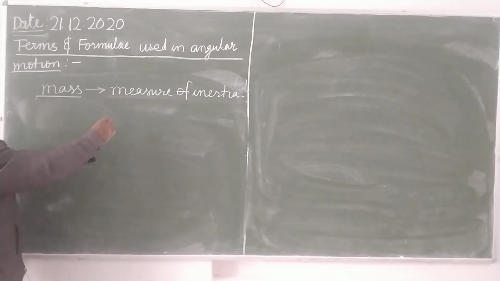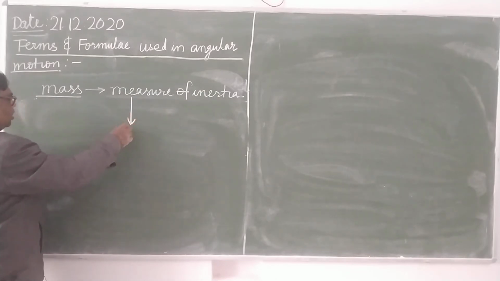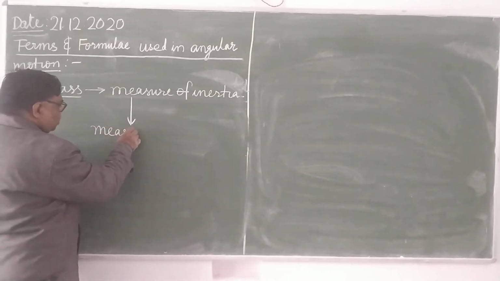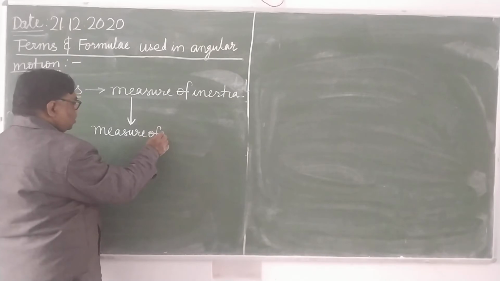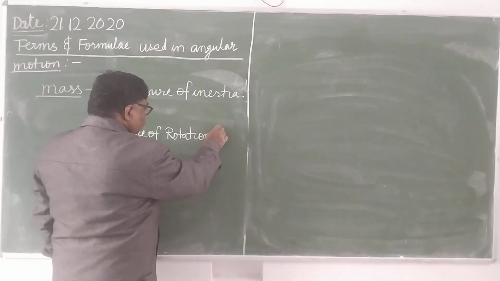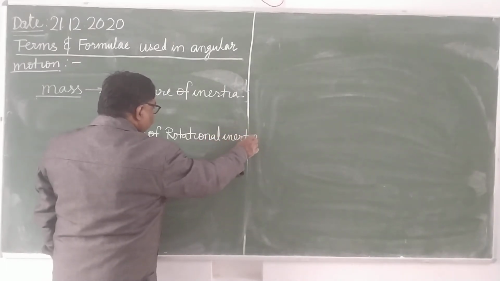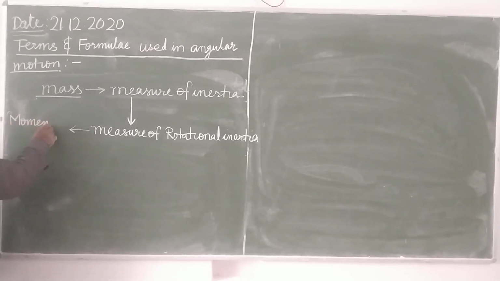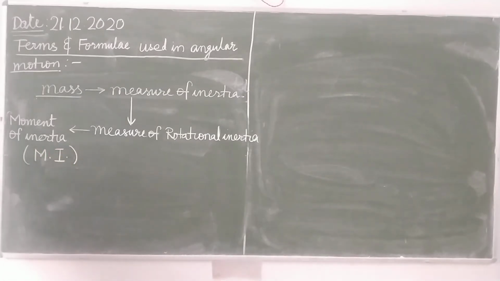Now, in rotational motion, what is the measure of inertia? Since it is rotational motion, we call it the measure of rotational inertia. And it is measured by a physical quantity which is called the moment of inertia. In short, we write it as MI. It's clear? MI is equivalent to the mass in translational motion.